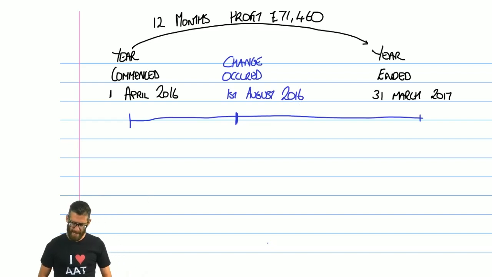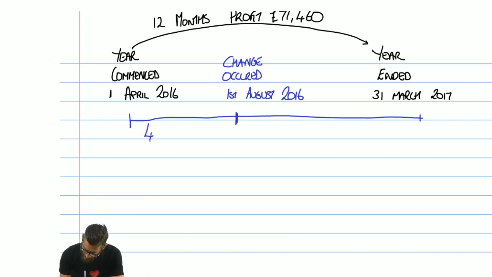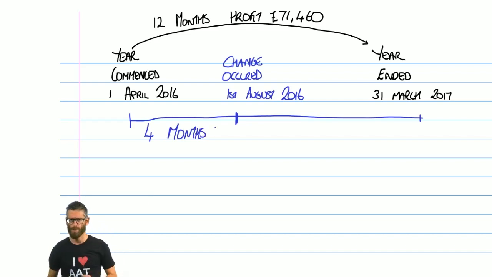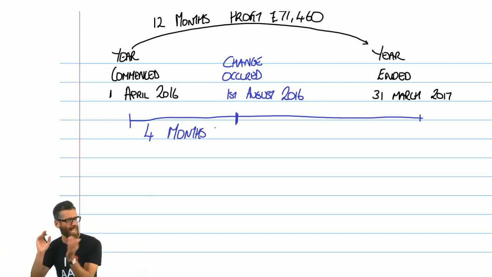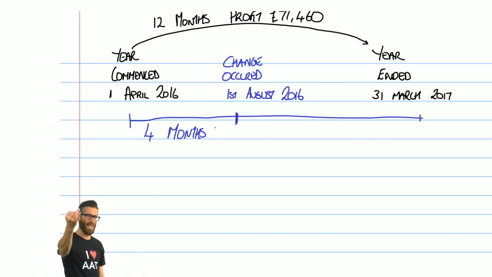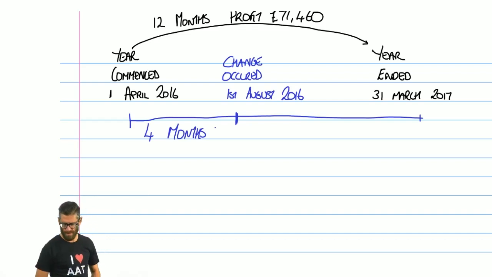Well, how many months? We've got all of April, all of May, all of June, and all of July. That's 4 months. And to be sure, because we know there's 12 months in a year, yes, you could say 8, but we then have August, September, October, November, December, January, February, March. 8 months.